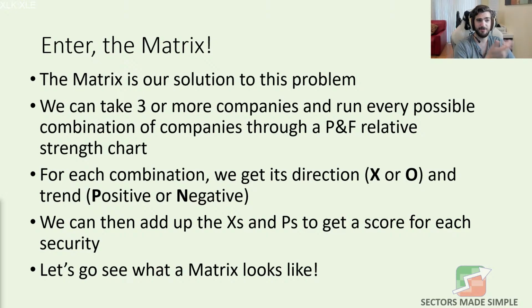Is it positive or negative? For our abbreviations, we use P or N. Then we can give them a score. We can say how many charts was SPY in an X count for? How many of the charts had an X? How many of the charts had a P? And then we can add them up and we get a grade for that specific stock.